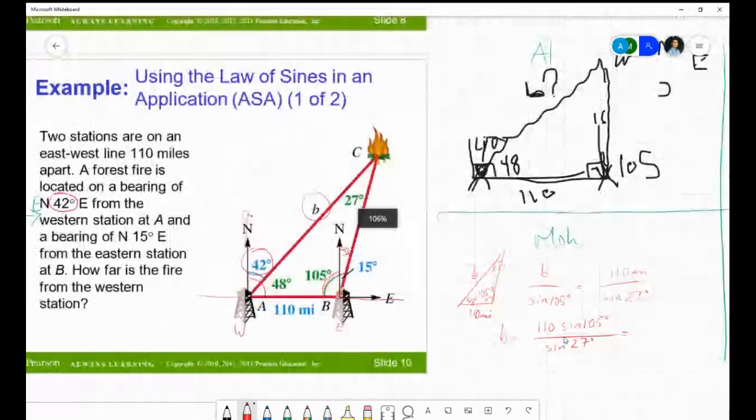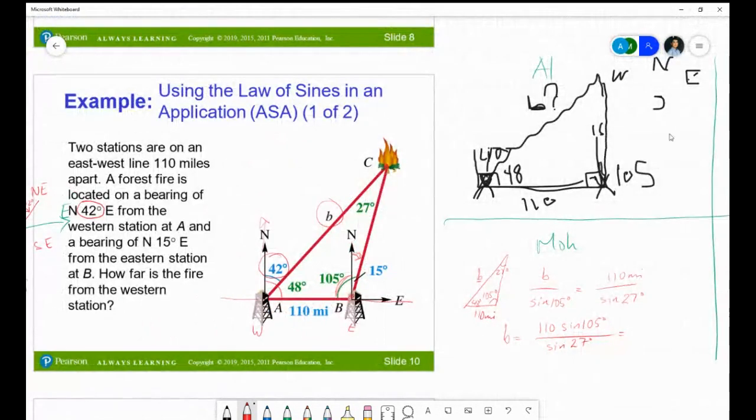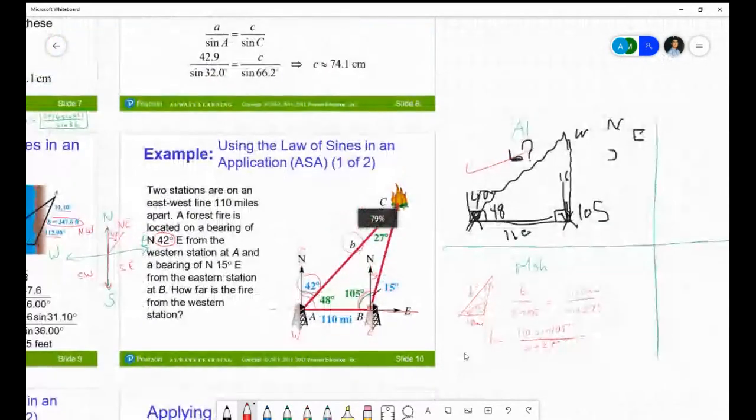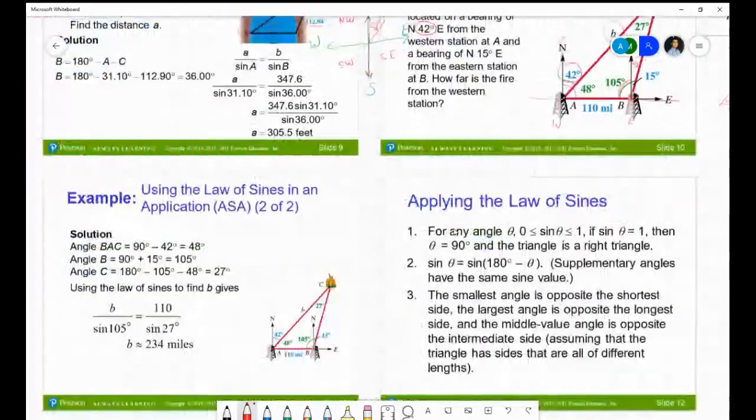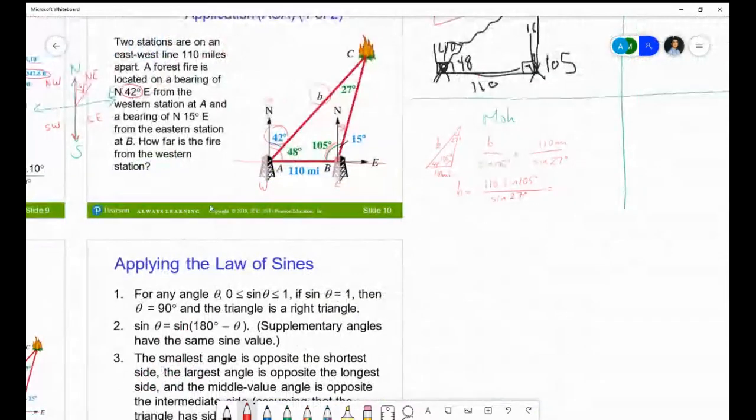Anybody have a number? Oh, good job, Alina. You got it right here. And let's see what they got here. 234 miles, about. Did we get that? Anyone?